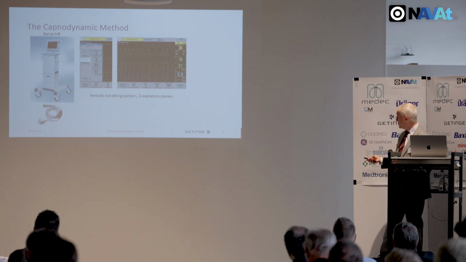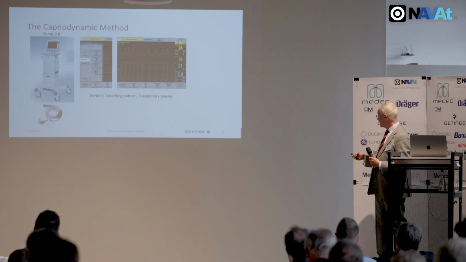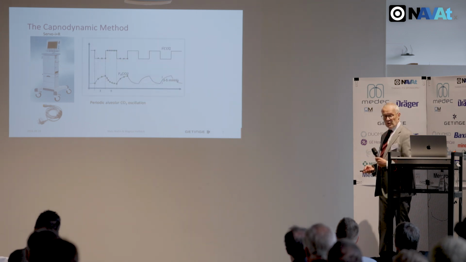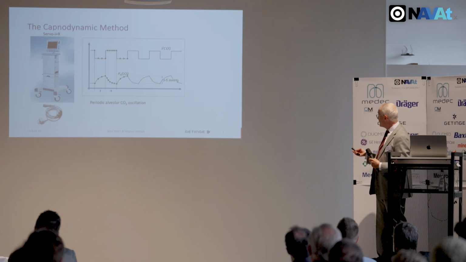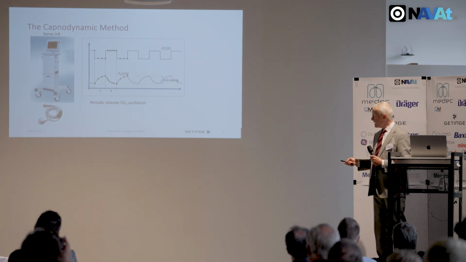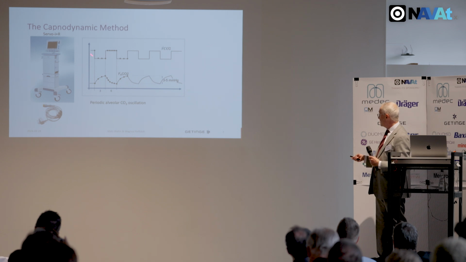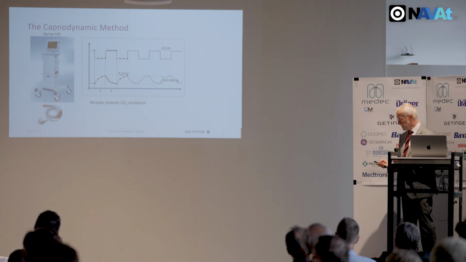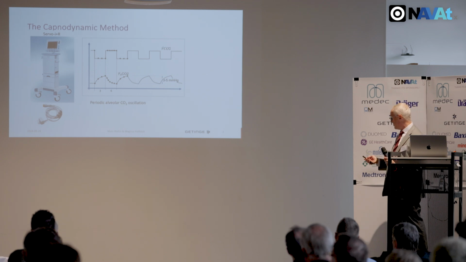This is the only thing we do: we add these 3 expiratory pauses. The pauses create a rise in the alveolar fraction of carbon dioxide due to lower carbon dioxide elimination. So by having this kind of pattern of the concentration of CO2 in the lungs, we are able to get lots of information from the patient.